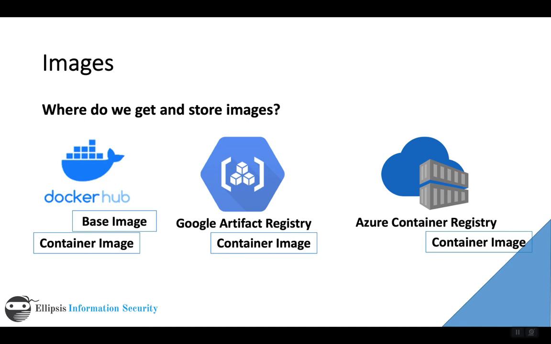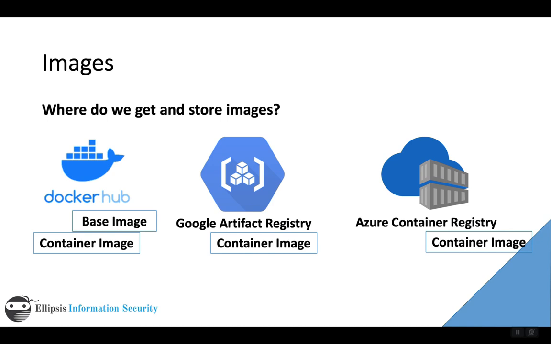Now, Docker Hub is going to have both base images, like a marketplace where you can get a starter image, maybe a fairly empty Ubuntu operating system or an Nginx web server that's already partially built, even if it's not completely configured all the way. That's a really good start for your project.